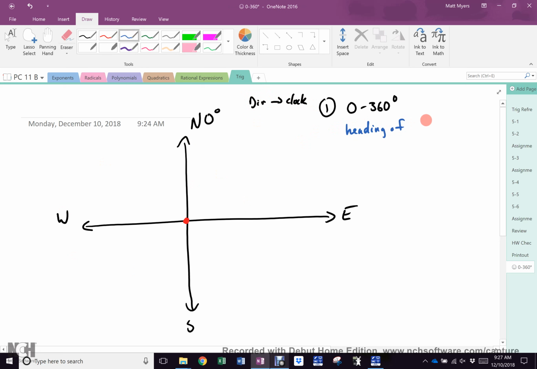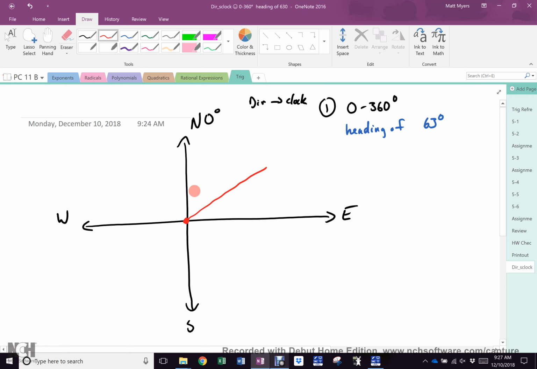So if I tell you I am walking at a heading of 63 degrees, I start right here on my red dot. Where am I walking? Into what quadrant will I be passing? Quadrant 1. So I will be walking this way. And where is the 63?